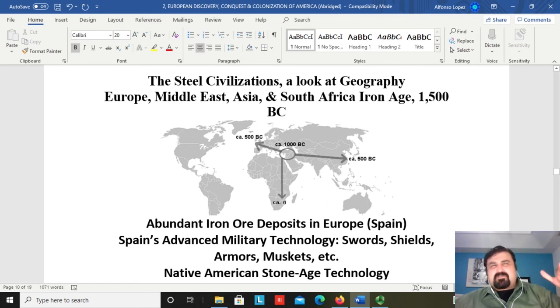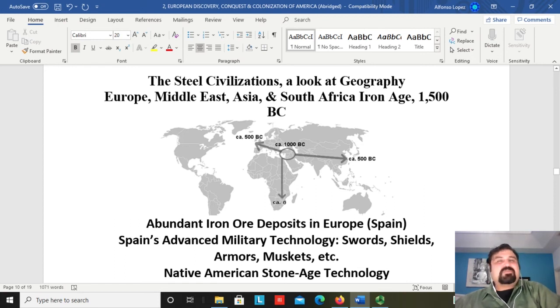So the geography of America was different from the geography of Europe, the Middle East, and Asia, which had a lot of iron ore easily available. And therefore, this is the reason why Europe, the Middle East, Asia, and parts of South Africa developed steel technologies.